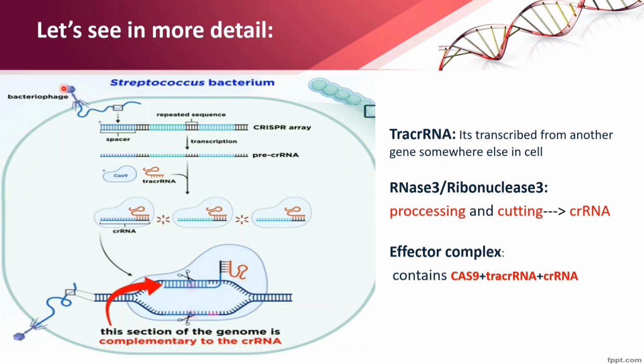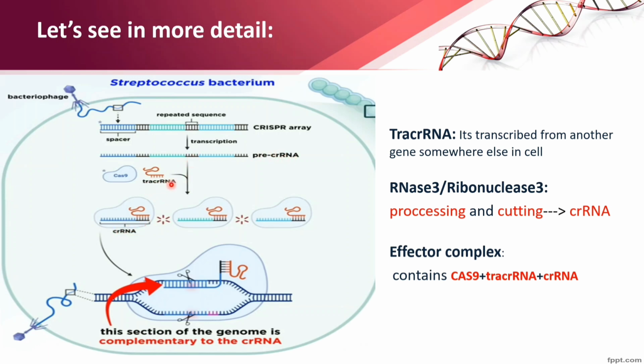Okay, in this slide we have another opportunity for review. A pathogen attacks the bacteria and inserts its genome. The bacteria integrates a specific part of the virus genome into its own genome. Then, if the same pathogen attacks the bacteria again, the bacteria begins transcription from the CRISPR array region, producing pre-cRNA and ultimately cRNA.